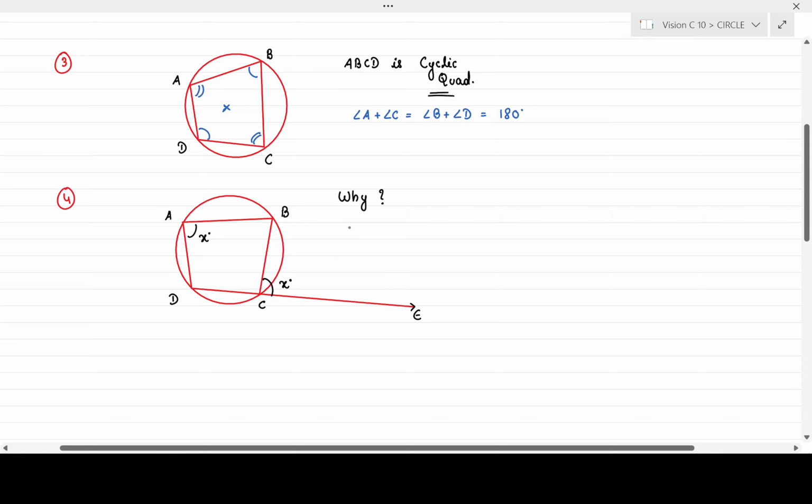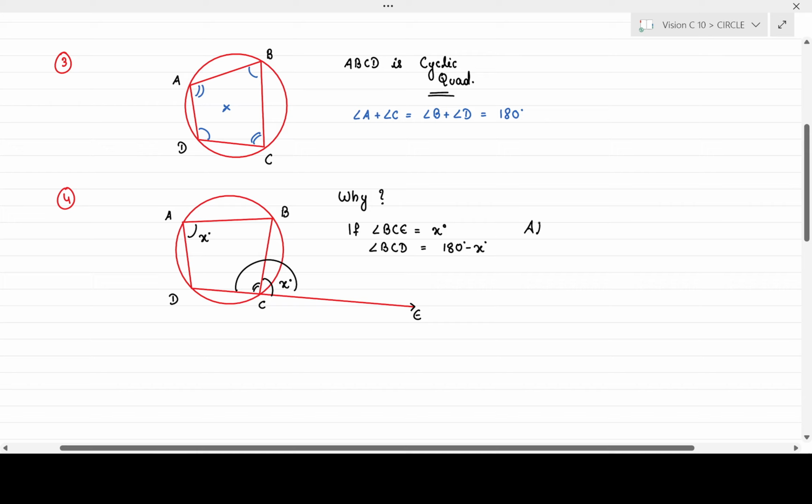Because if angle BCE is considered as x degrees, angle BCD must be 180 degrees minus x degrees. The sum total minus x degrees will give you this part.